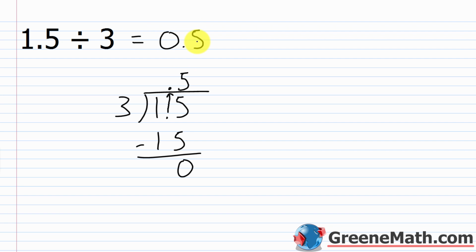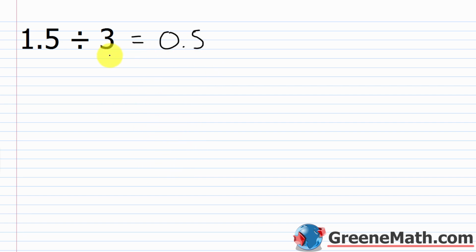Now remember, we can check division with multiplication. We already know how to multiply with decimals. I could do 0.5 times 3, going backwards, and I should get 1.5. Well, we already know that we do 5 times 3, and that would give us 15.